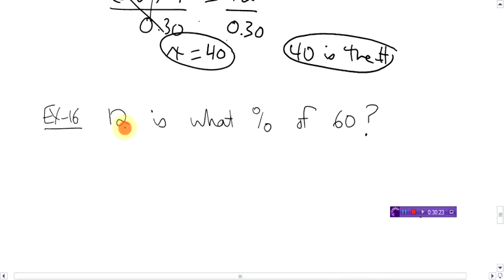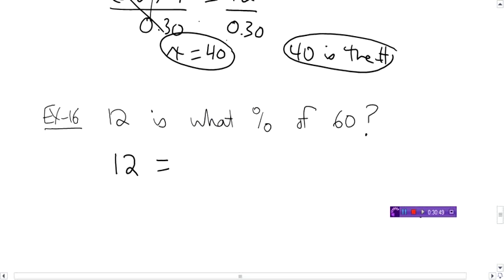Okay, 12 is what percent of 60? 12 equals what percent? We don't know the percent. Let's call that x, of 60. So x times 60. You can do this if you want, but that looks weird. Let's write it like this.